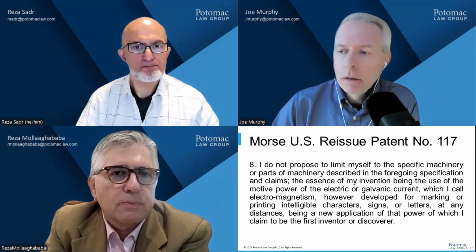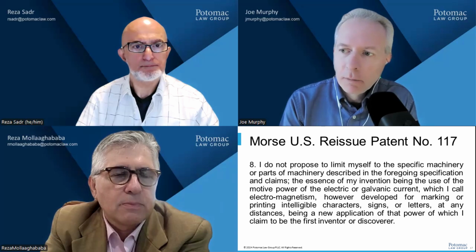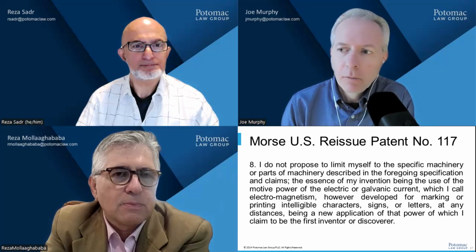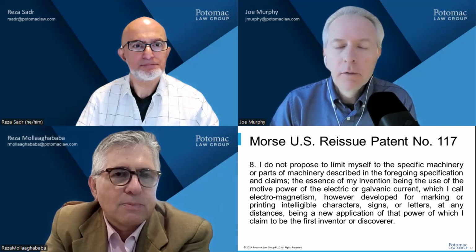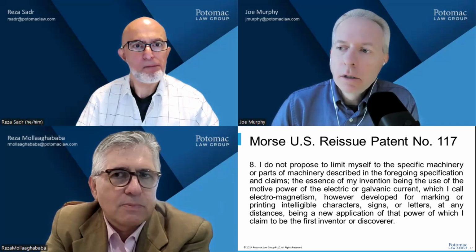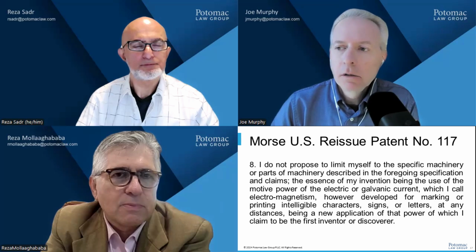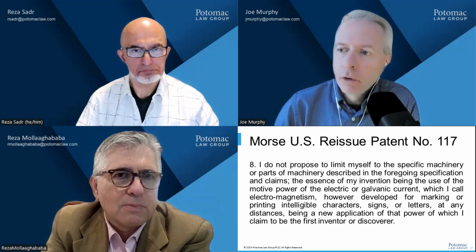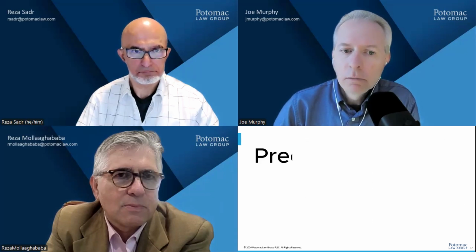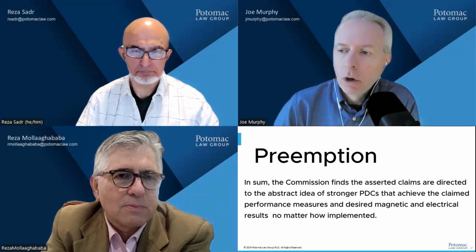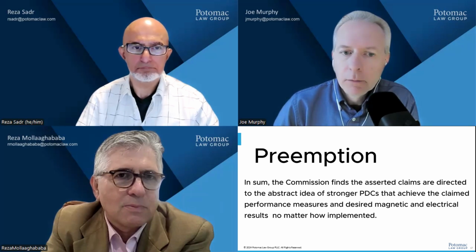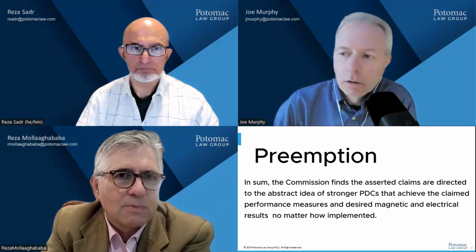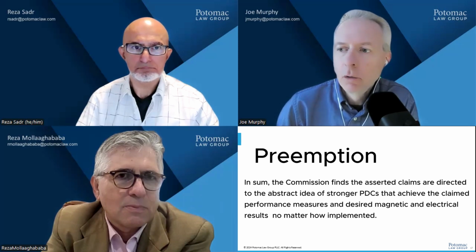I set preemption up so we can address that, but I'm going to knock it down now with the dissent, which I found to be very persuasive, because the dissent's example as to why preemption wasn't an issue for this case was that one of the defendants later on developed a non-infringing version of one of these polycrystalline diamond tables. So they weren't preempted by this claim set from making something similar enough, but still not infringing.